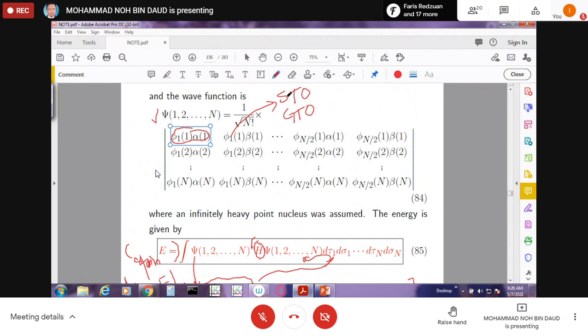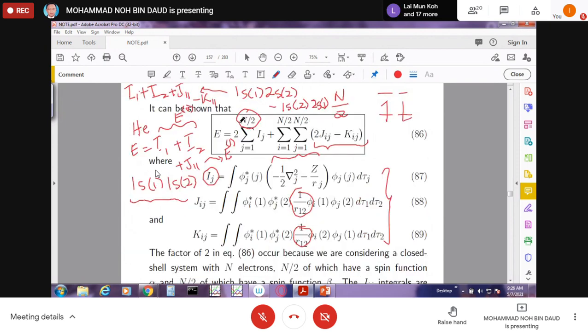You will learn this in detail in the advanced quantum chemistry course. So we can have this, and this is our guess function for the atomic orbital.